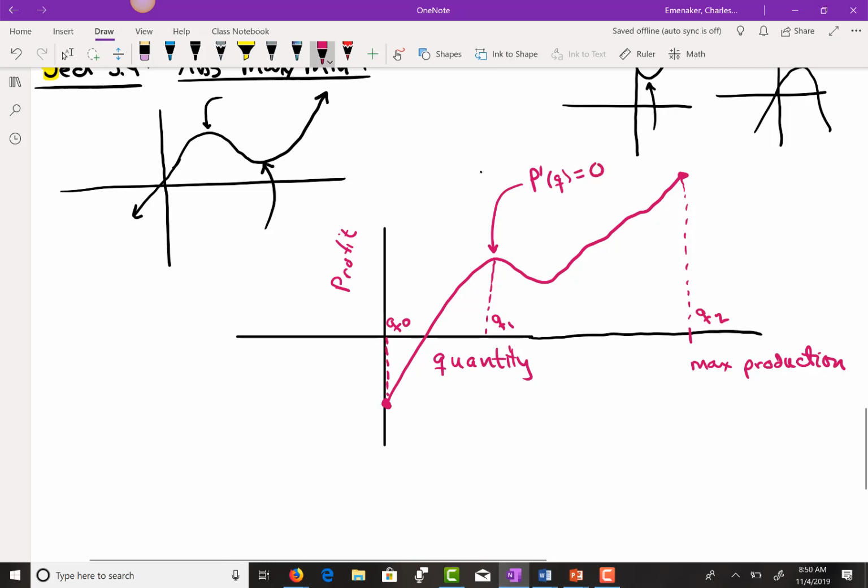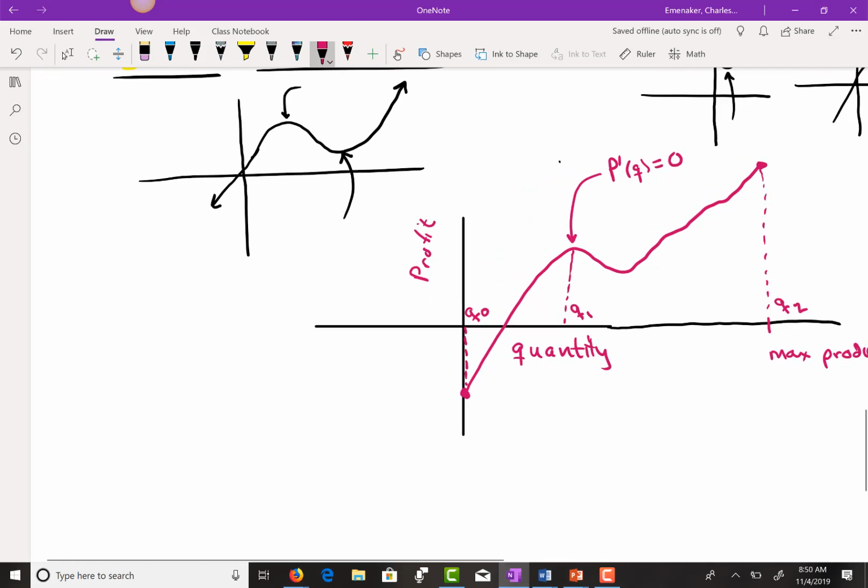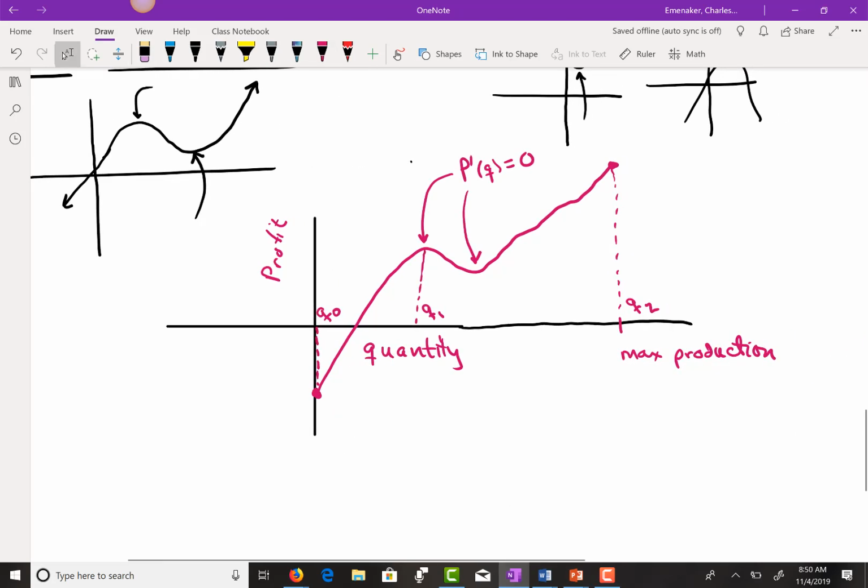You've got to check all of those, because your maximum profit might be at one of these. Then you also need to check the endpoints, because your maximum profit might actually be over here.